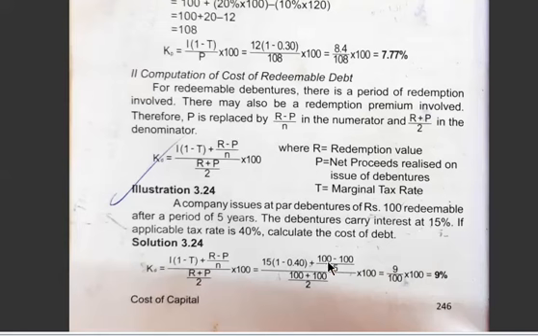So R is 100, redemption value is 100, minus issued at par, it is given issued at par, so 100 rupees, par means face value, so 100 minus 100, N is equal to 5, divided by 100 plus 100 divided by 2, into 100. So 9 divided by 100 into 100, it is 9%.